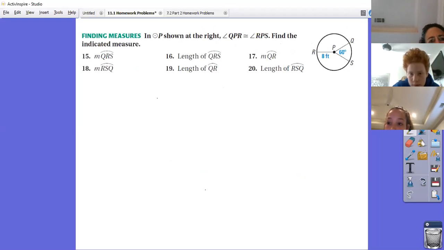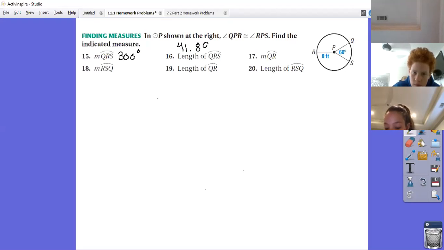So I got the measure of arc QRS is 300 degrees. Number 16 was actually asking for the length. So I'm giving all of these as approximations in feet. And then the measure of arc QR is 150 degrees.